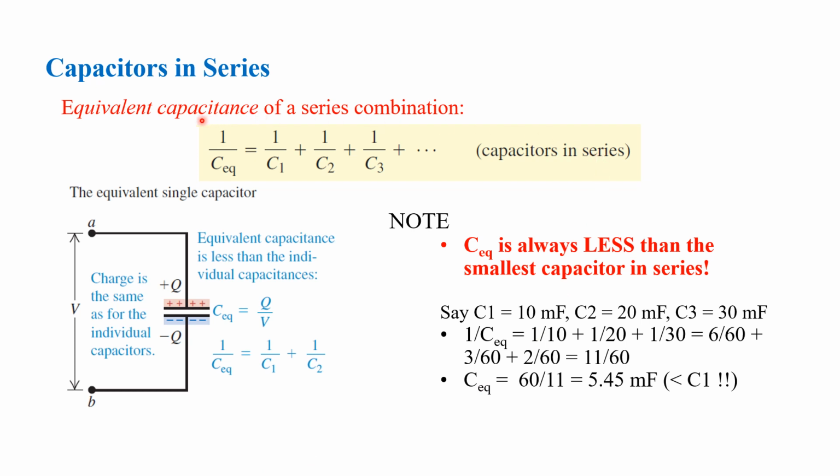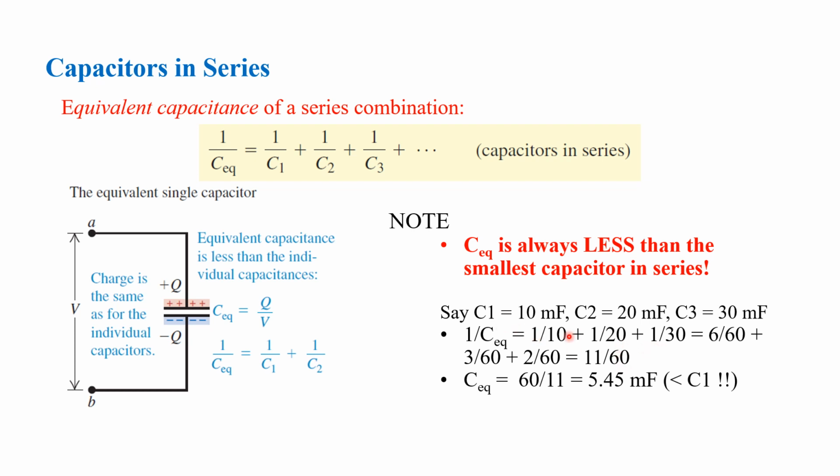So we have here again the equivalent capacitance of a series combination. And just take note that your C equivalent is always less than the smallest capacitor in series. Say, for example, you have C1 equal to 10 millifarads, C2 20 millifarads, and C3 30 millifarads. If we combine these three capacitors in series, 1 over C equivalent is 1 over 10 plus 1 over 20 plus 1 over 30, which gives 11 over 60.